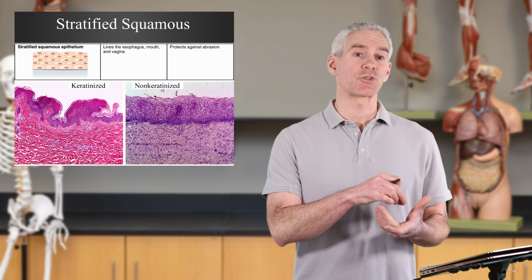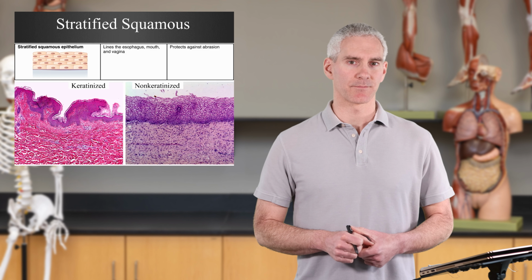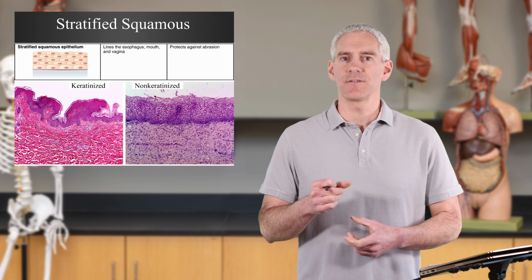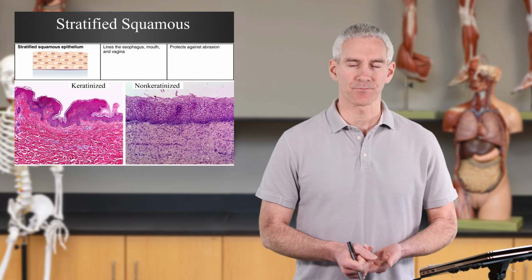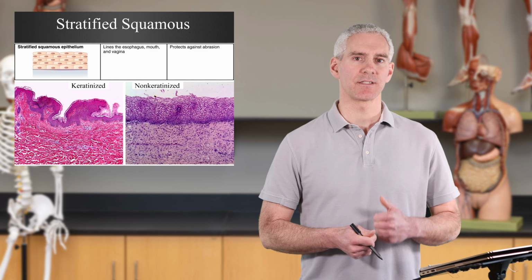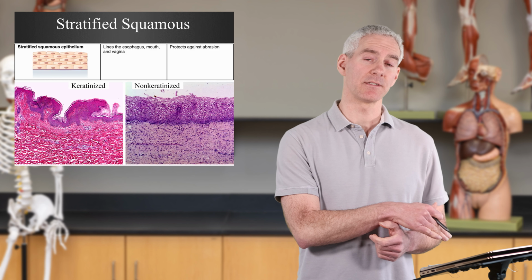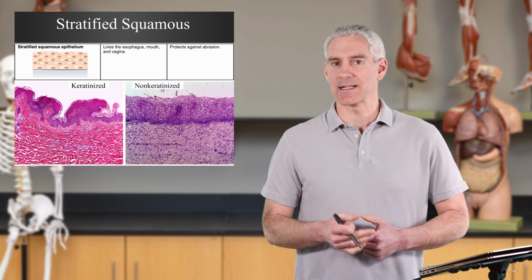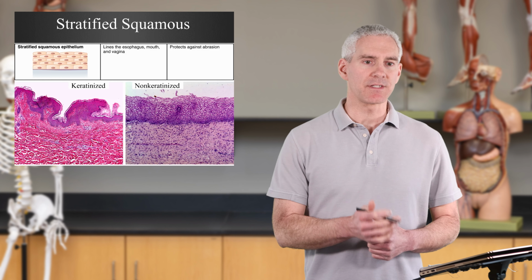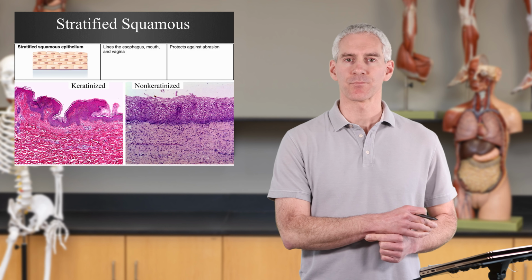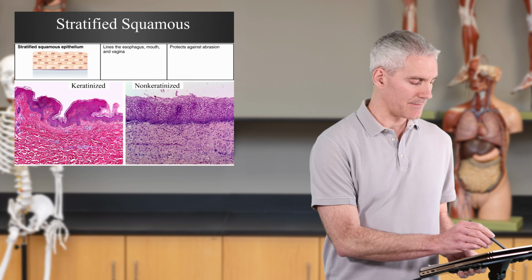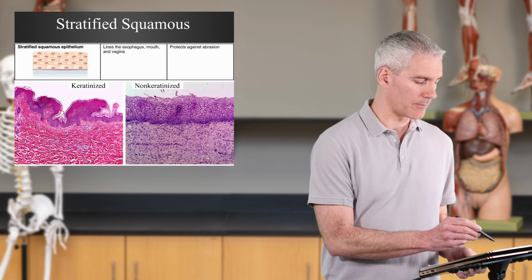Here we have stratified squamous. In the case of stratified squamous, we have 2 different types. We have keratinized, and then we have non-keratinized. In the case of keratinized, keratinized can be identified because of this dry layer above it.